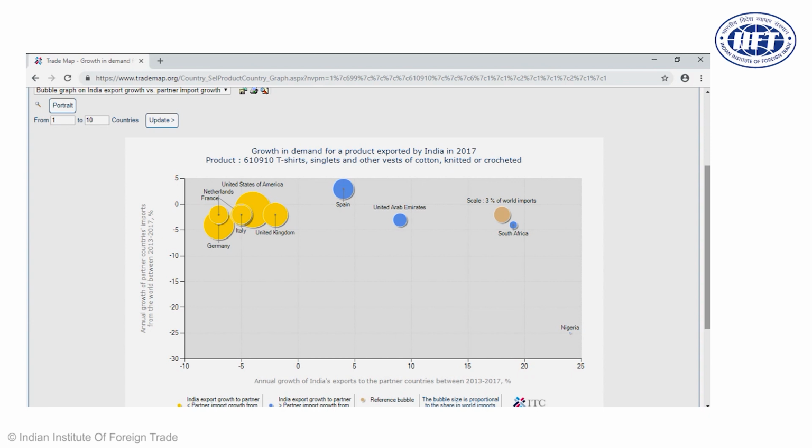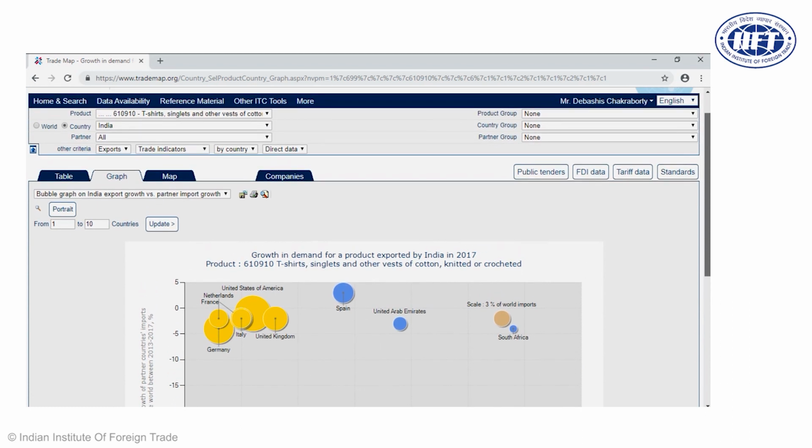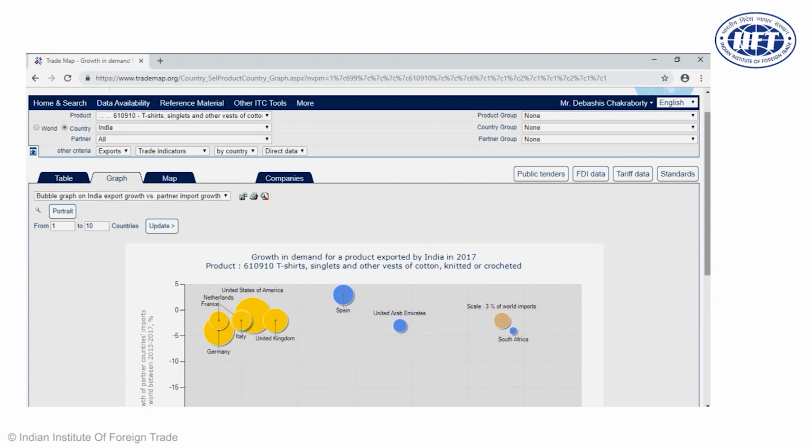So here the countries with relatively high import growth rate can be considered an ideal target for our growth.